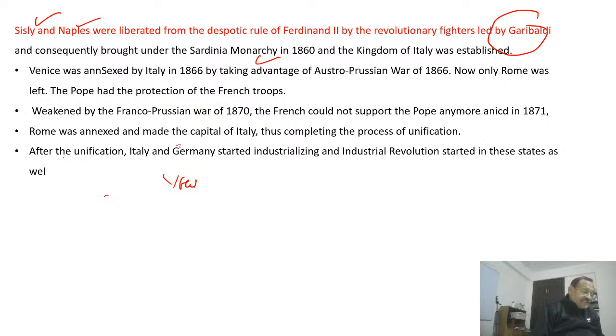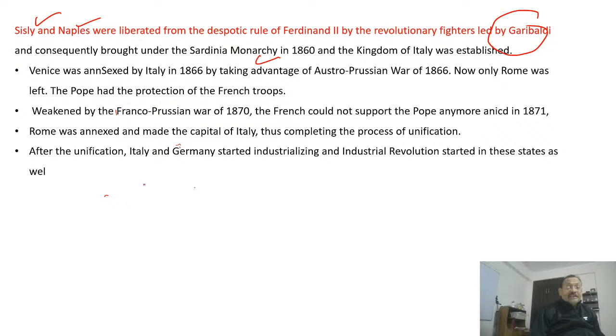Then the Sicilians were the first to stage the revolt against the oppressive system. The development of Italy was quite critical in this regard. The Sicilians were the first to stage a revolt against the oppression, and the ruler fled. People of Sicily were the first to revolt against this system, and later on he had to flee.